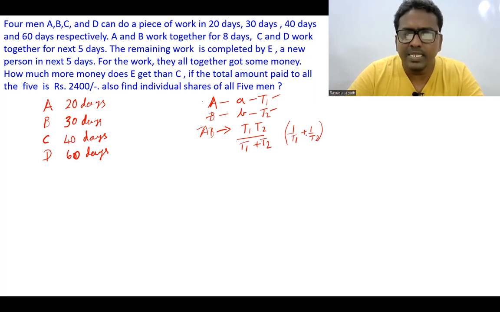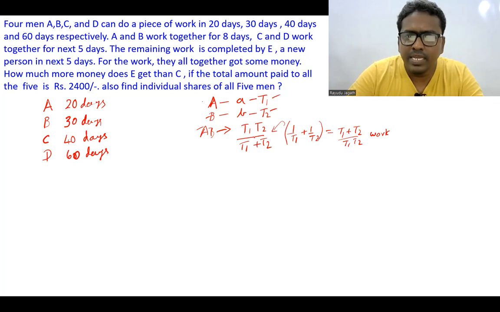If we find the LCM, T1 T2 in the denominator and T1 plus T2 in the numerator. So the one day work of AB is 1 by T1 plus 1 by T2, which is equivalent to T1 plus T2 by T1 T2 work done by both A and B in one day. And the reverse of that is T1 T2 by T1 plus T2 days.